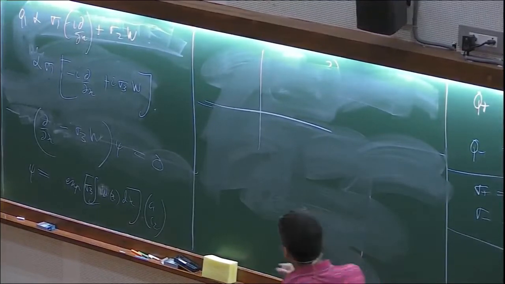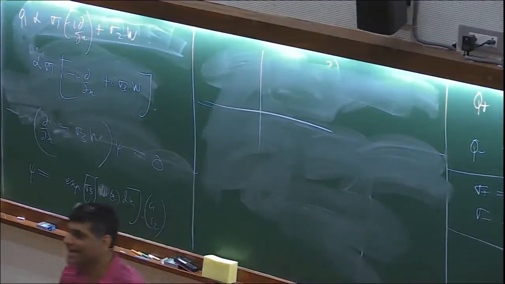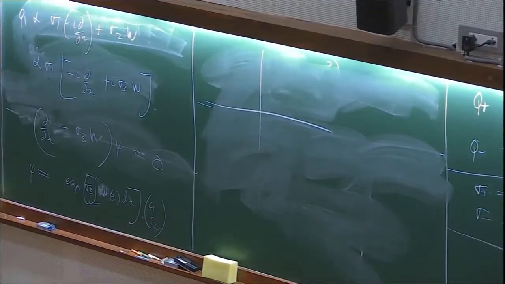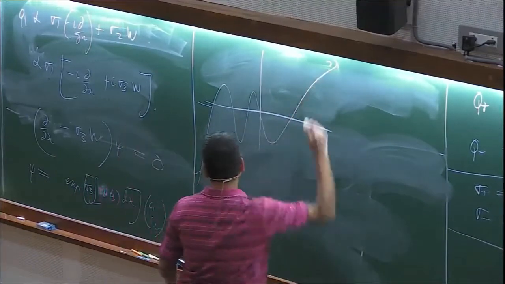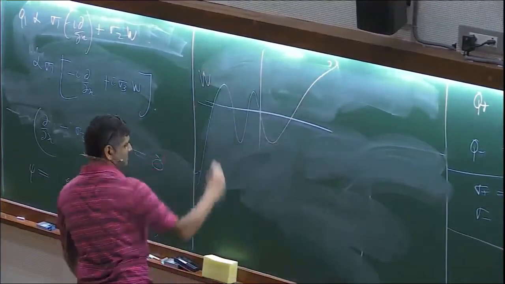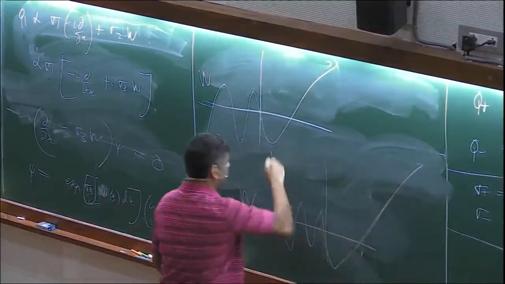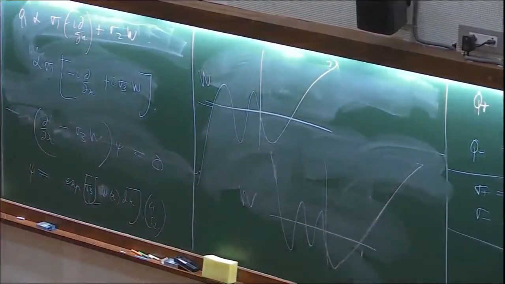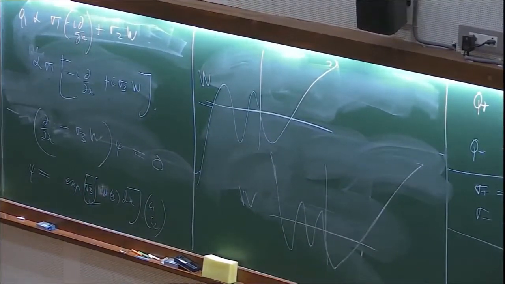Since W squared must increase as we go to plus minus infinity, W must either increase or decrease, either go to plus infinity or minus infinity. So we have two options. We can do all kinds of zigzag, but either W should go like this, or W should do this. These are the two possibilities for W subject to my restriction that W squared increases at infinity.